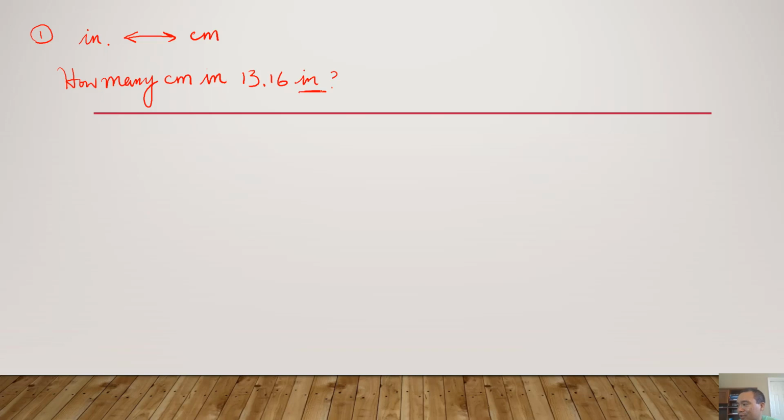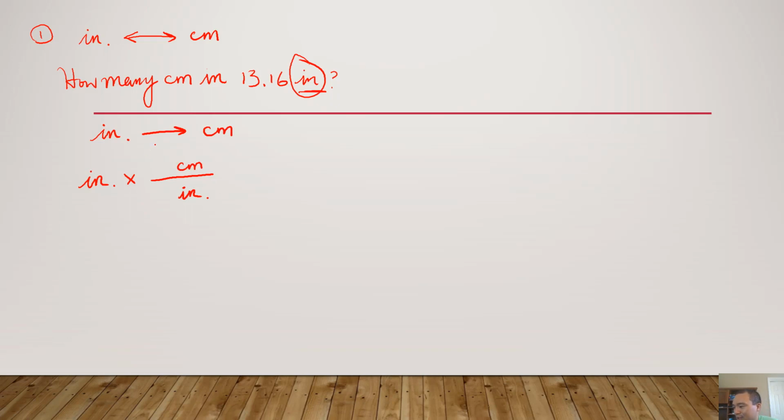You are given number of inches and you want to convert this to centimeter. Okay? To set this up, we write what is given, which is in inch. Then we do need to know this needed to be converted to centimeter, so we leave this inch as the denominator and numerator will be centimeter.